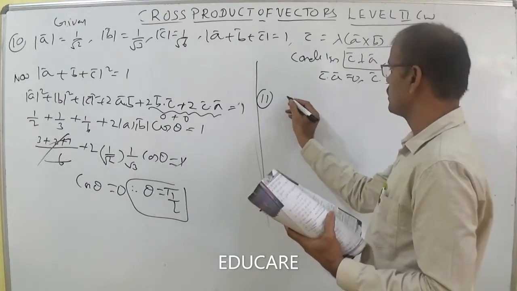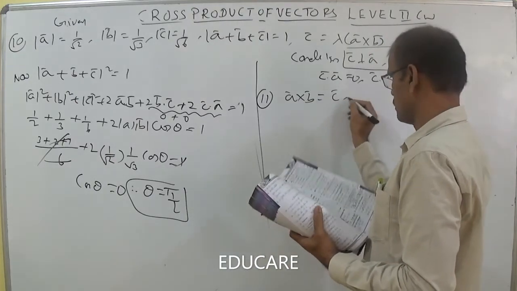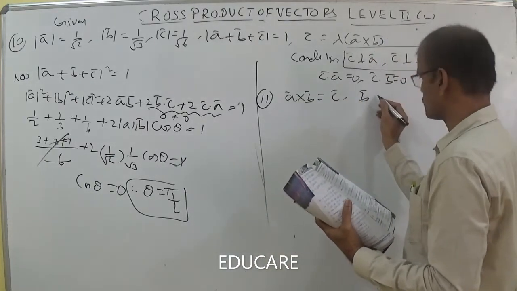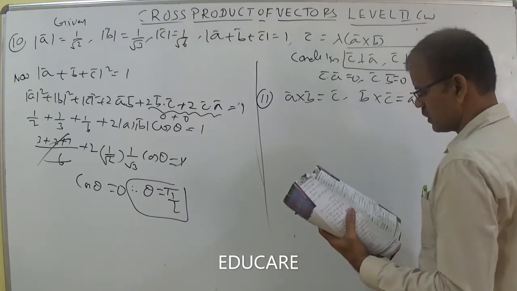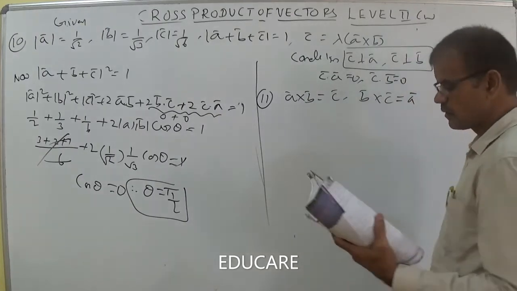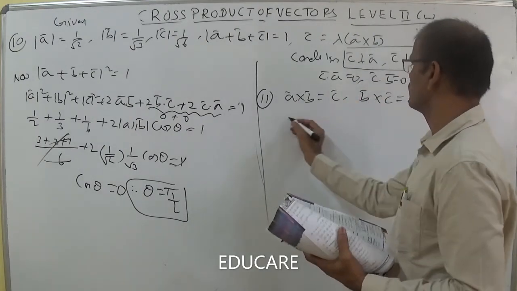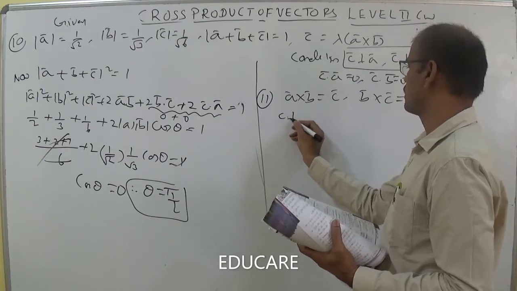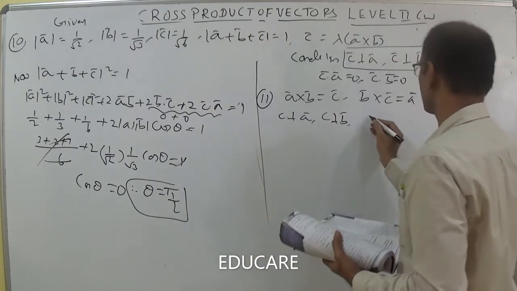11th question: A bar cross B bar is equal to C bar, and B bar cross C bar equal to A bar is given. Then according to the options we should calculate. A cross B is equal to C. Then you can say that C bar is perpendicular to A bar, and C bar is perpendicular to B bar.